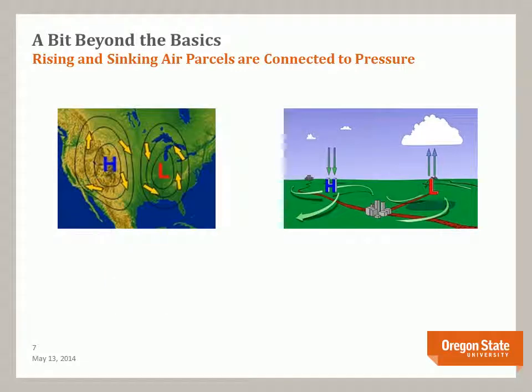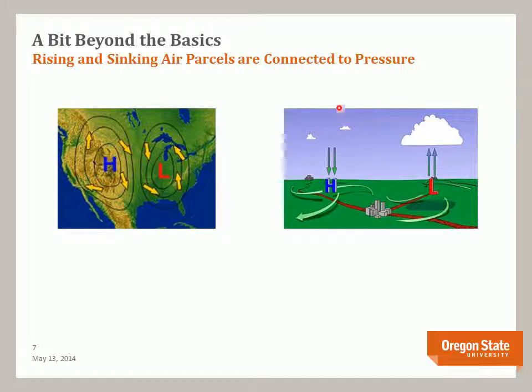This concept is emphasized with these two images. The one on the left shows the opposite rotation senses for regional scale low and high pressure systems. The model on the right shows that for lows, as the warm air rises, surface winds move to fill the space, rotating in a counterclockwise direction.